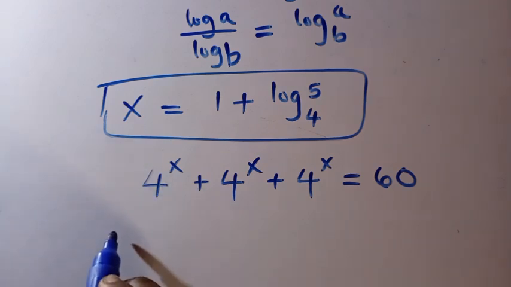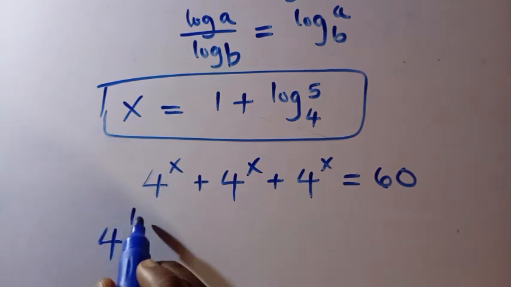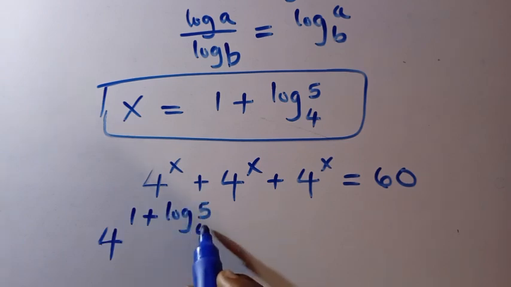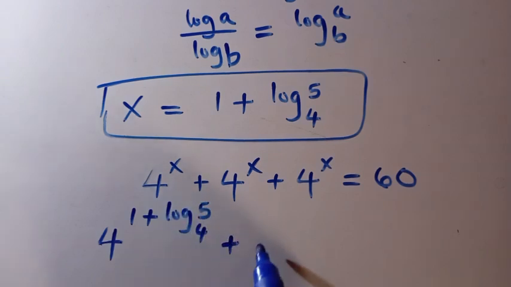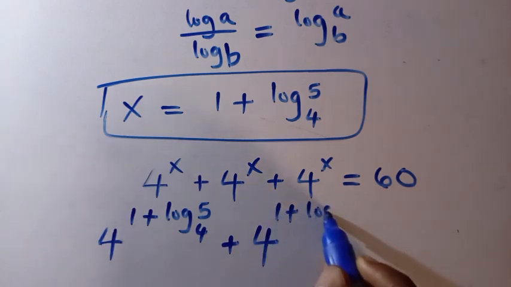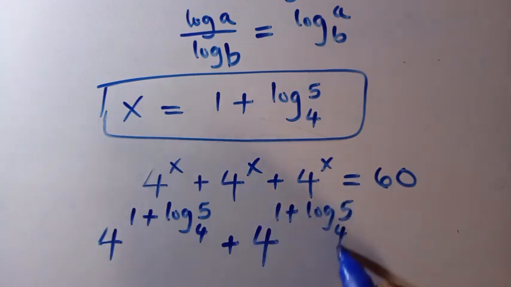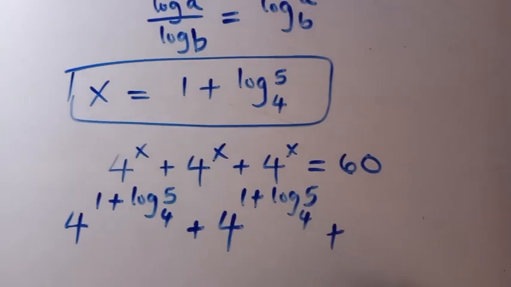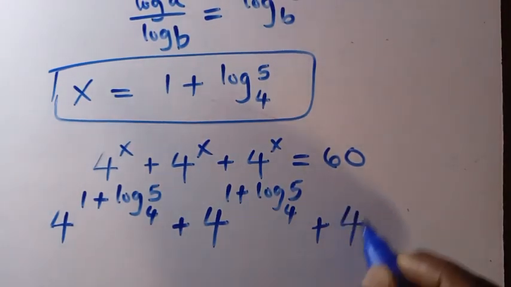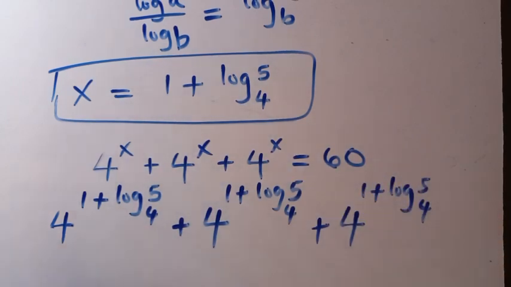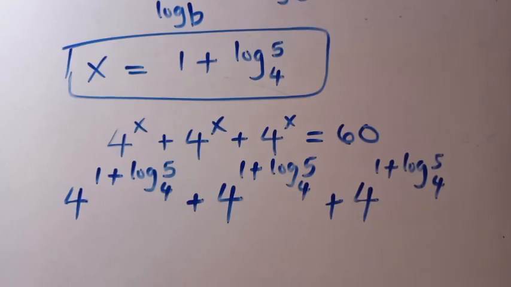For the first one, we have 4 raised to the power 1 plus log 5 base 4, plus 4 raised to the power 1 plus log 5 base 4, plus the last one, 4 raised to the power 1 plus log 5 base 4. I want to show that all this equals 60.